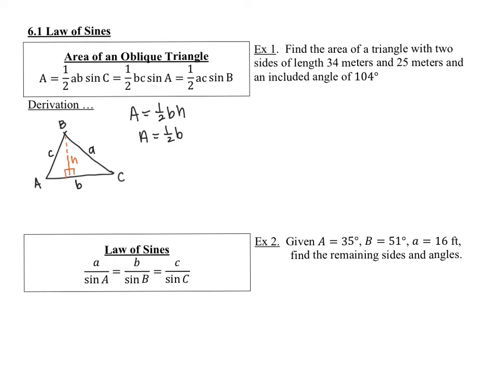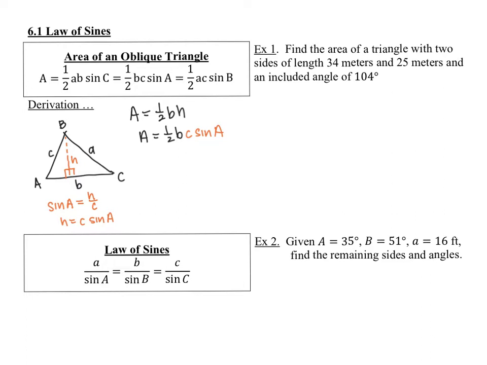If I started from angle A, I might say that the sine of A equals h over c, and I would say that h equals c times the sine of A. And now if I substitute the height equal to c sine A, then I get the area is 1/2 bc sine A.